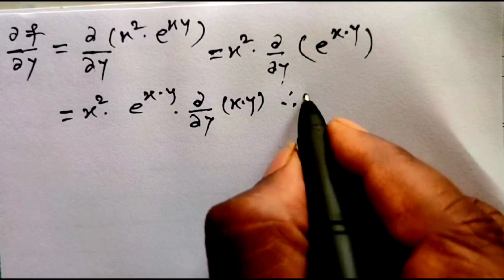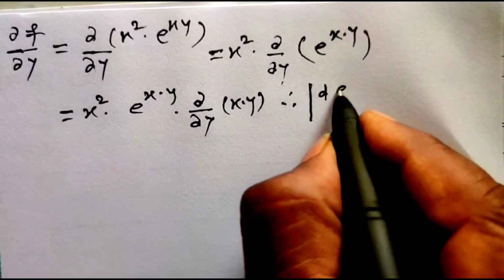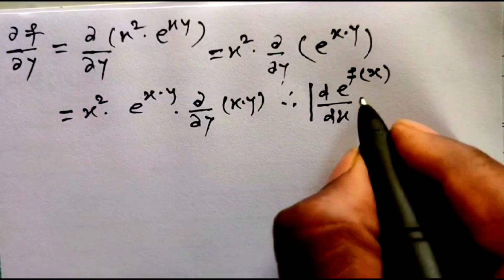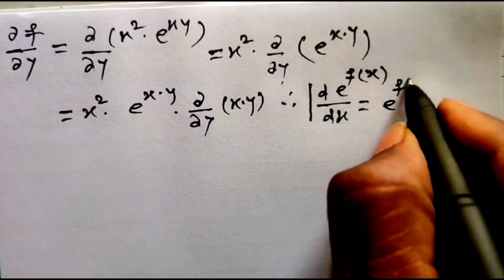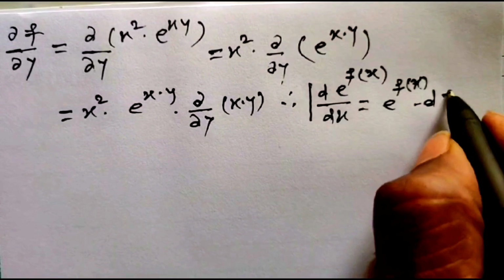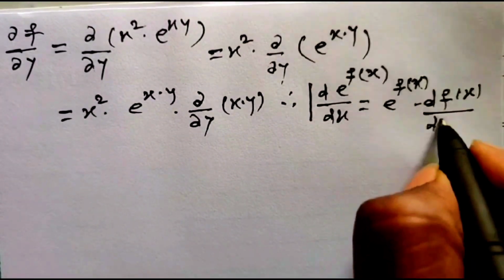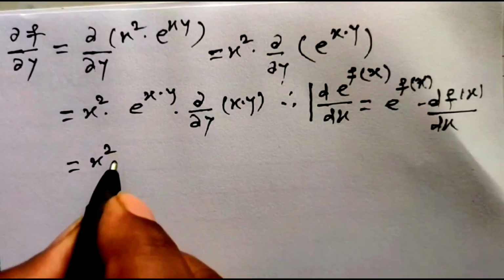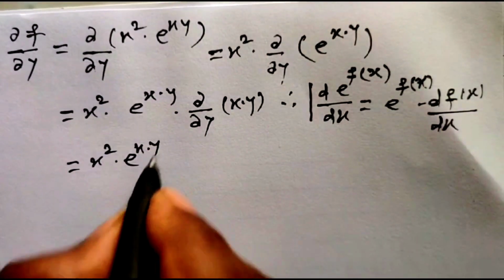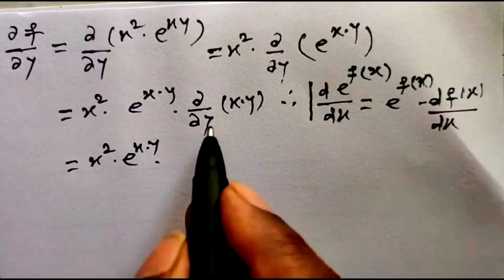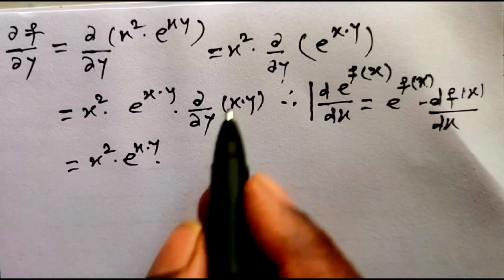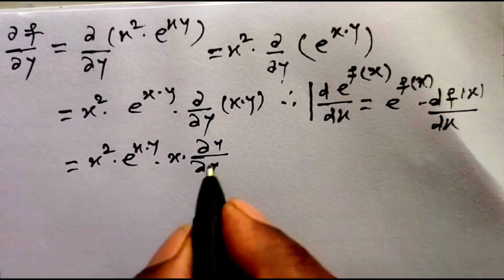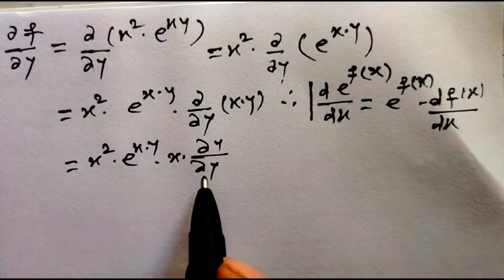Because we know this formula, the derivative of e to the power f of x with respect to x is equal to e to the power f of x into the derivative of f of x with respect to x, that is f dash x. So this is equal to x square into e to the power xy, and the derivative of xy with respect to y considering x as constant, x into the partial derivative of y with respect to y, but the partial derivative of y with respect to y is 1.